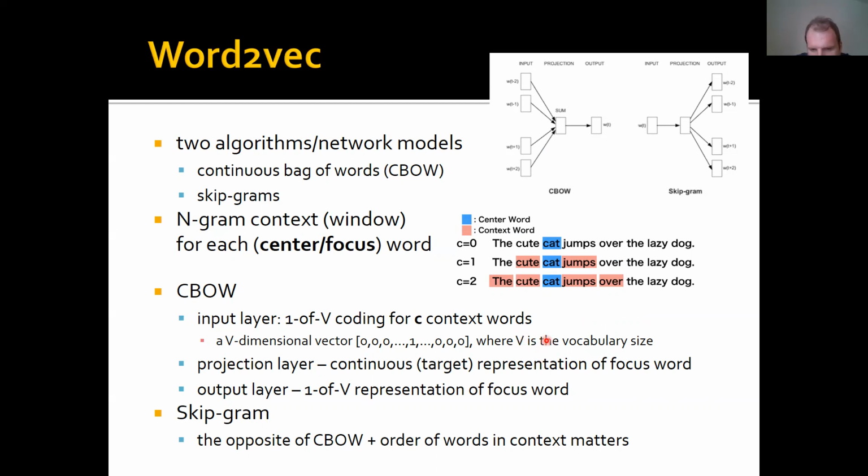So any word could be encoded with a one in the place that corresponds to the dimension of the term. For example, if cat is in the vocabulary, there is a one there, and everywhere else are zeros. That's why it's called one-of-V coding. So every word is encoded like that.